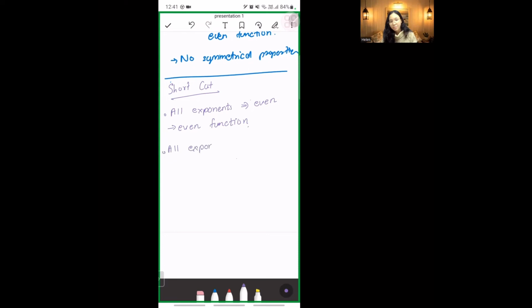And if all the exponents in our function are in an odd order, then we will get an odd function. And if the order is mixed, even and odd, we can say that our function will be neither odd nor even.